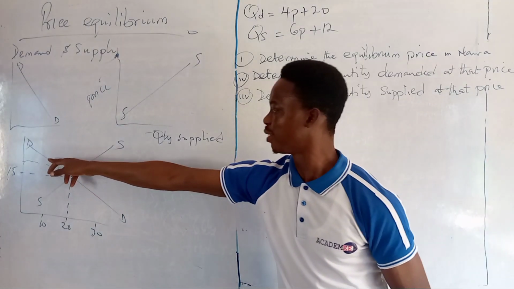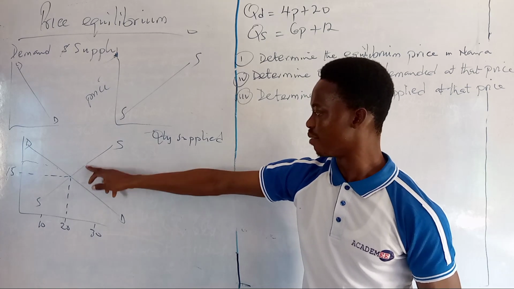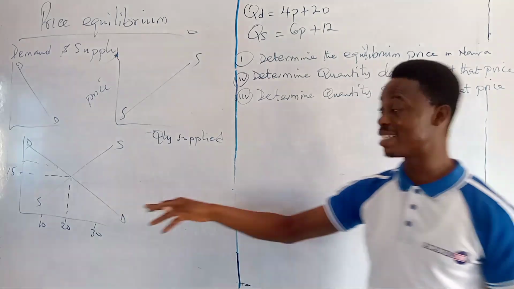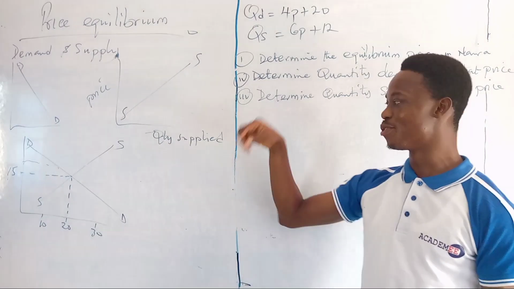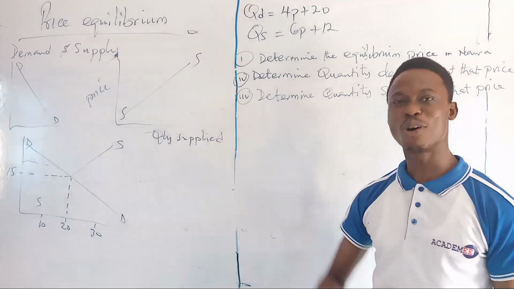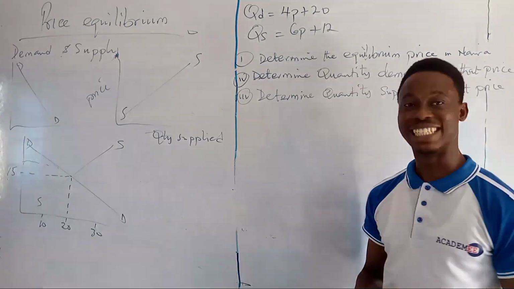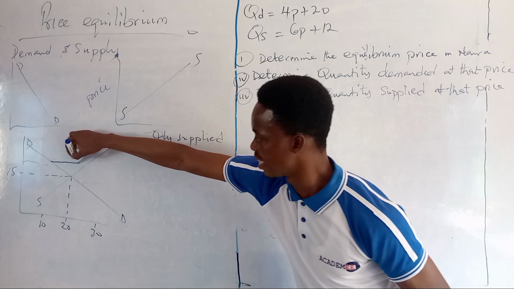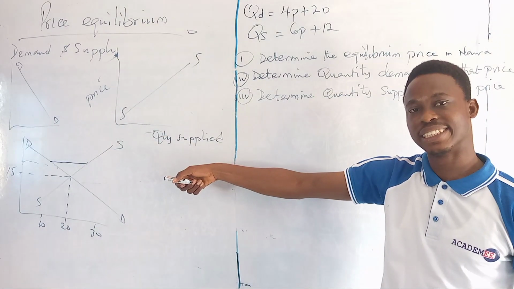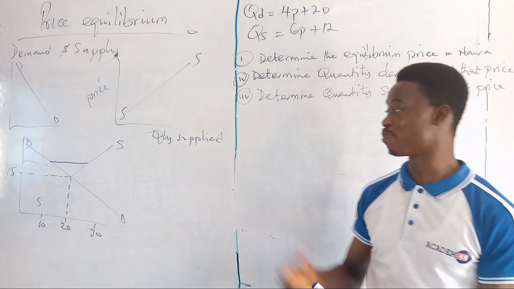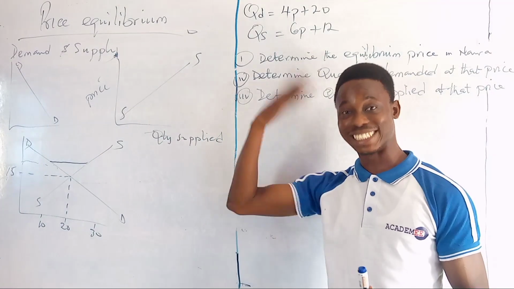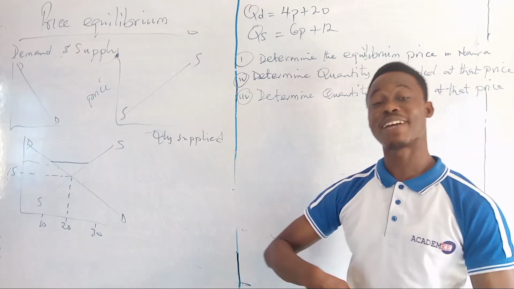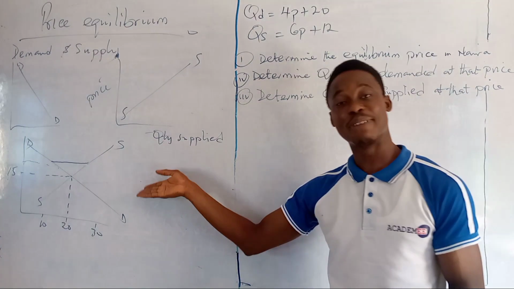But if you trace to the line of supply, you will notice that the quantity supplied has increased, which means the producer wants to produce more. But when the producer has produced more than the demand, definitely there will be excess. So at this point there will be excess commodity, because the producer is producing more as the price has increased, and the consumer is demanding less.